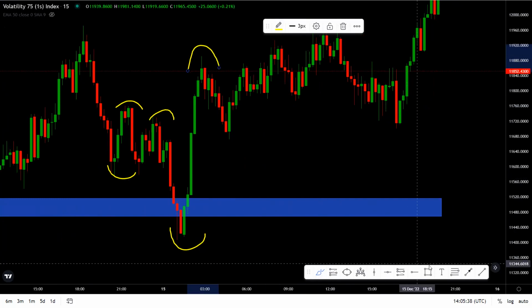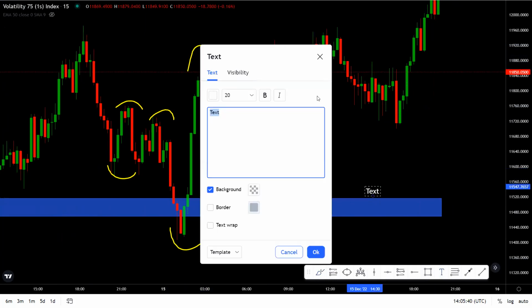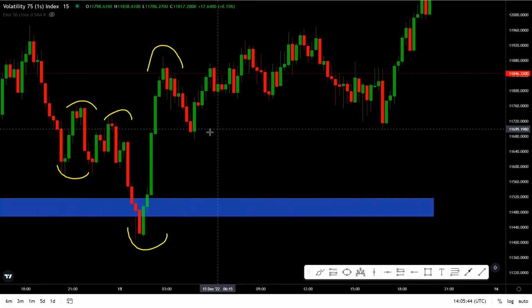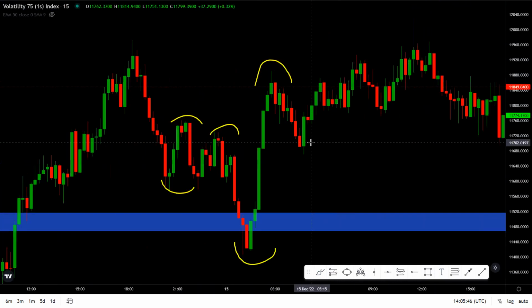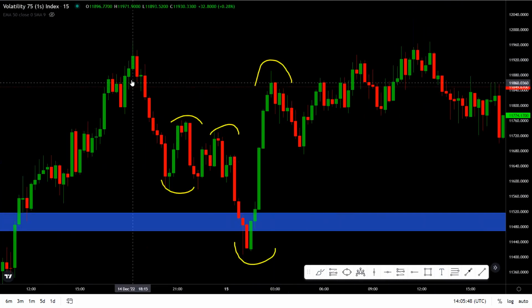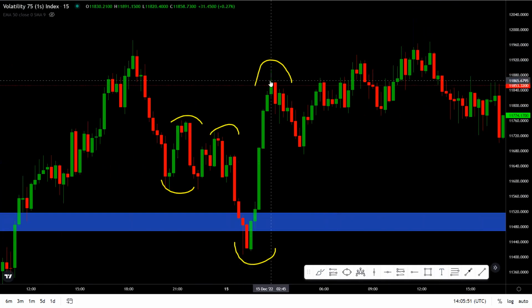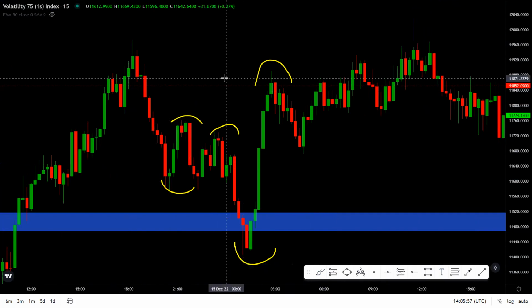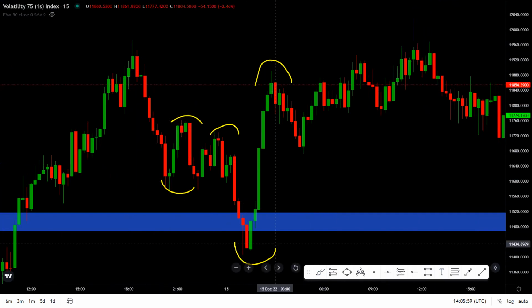So we have that rule also, we have that criteria met. We've shifted clearly from the bearish to the bullish market structure, which confirms this trade from the 15 minutes time frame a valid trade.